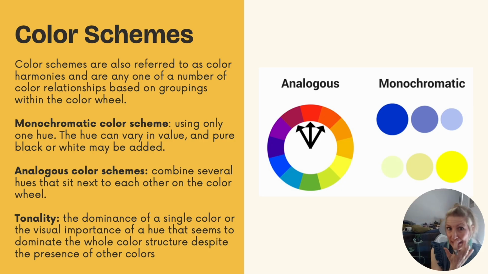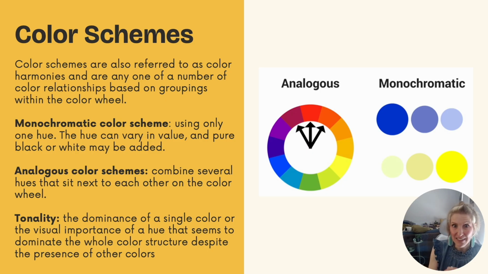Now, color schemes are also referred to as color harmonies, and there are any one of a number of color relationships based on groupings within the color wheel. There's monochromatic color scheme, which is using only one hue. The hue can vary in value, and pure black or white may be added.